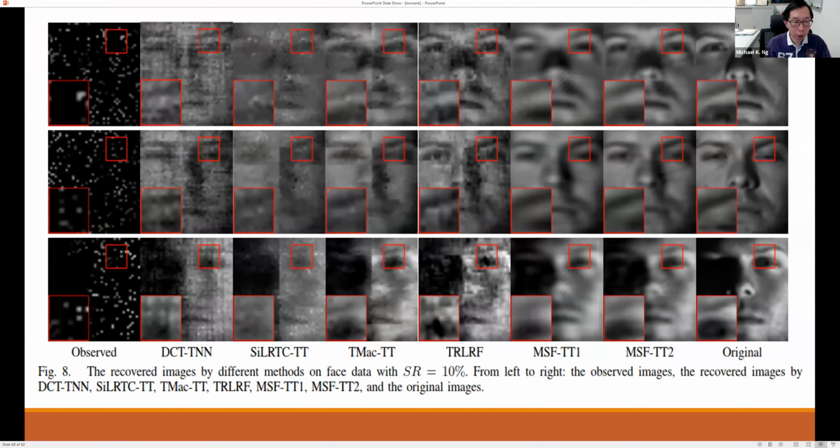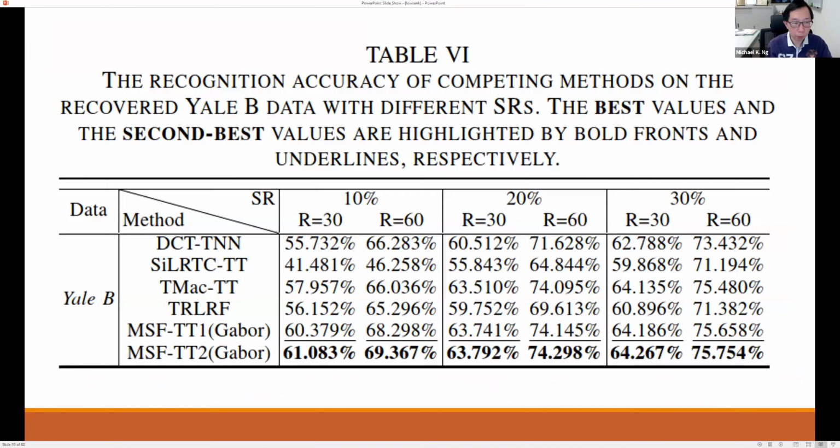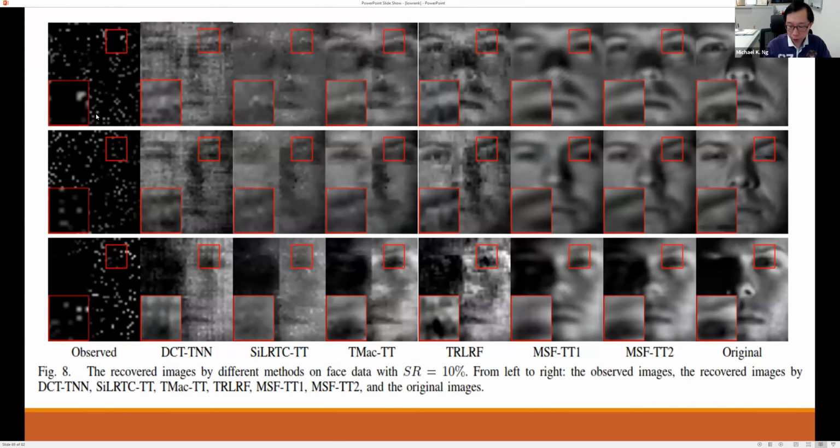So I think this is another way to go beyond simply solving the computation problem. Here, I mentioned, we use the Gabor transform and show the results. Here it is talking about classification accuracy, which can be enhanced compared with the other methods if you consider some noisy data.